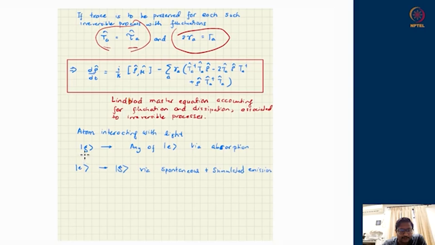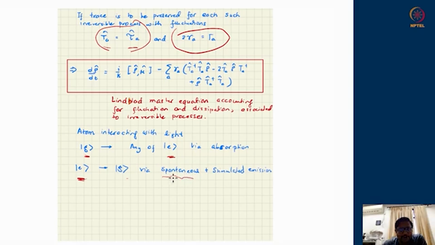Either the atom, if it is in the ground state, can get excited to any of its set of degenerate or non-degenerate excited states via absorption of a photon. That is the state change it will bring about. Secondly, if it is in an excited state, it can decay to the ground state via spontaneous or stimulated emission due to the presence of the light or even the vacuum fluctuations.